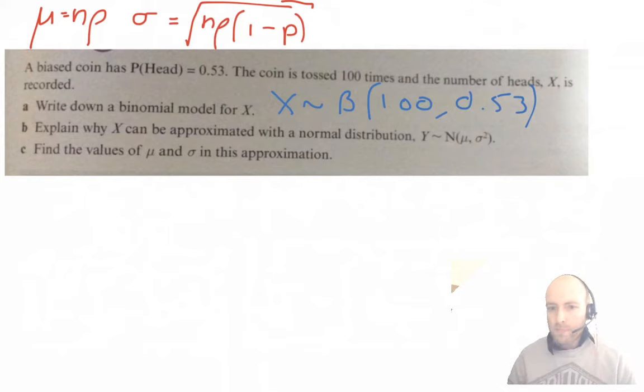There you go. Yeah, so we want to. Why can we approximate it normally? I don't think anyone wrote any answers for this, so if you guys could explain to Frank why we can use a normal distribution to approximate this binomial distribution. Any ideas?